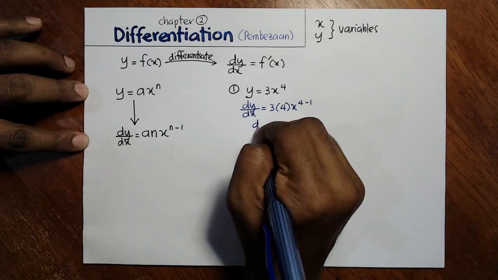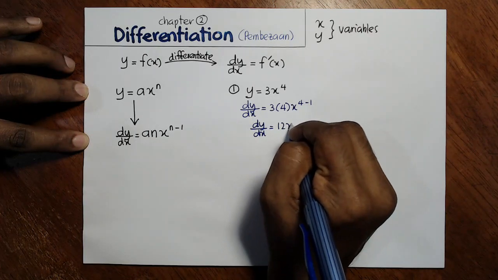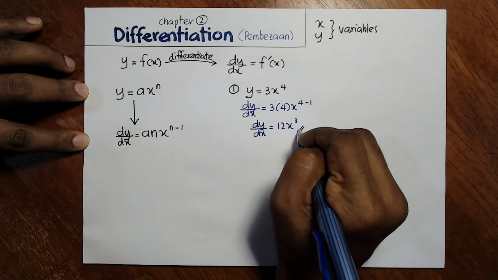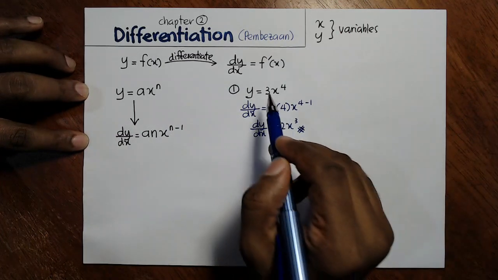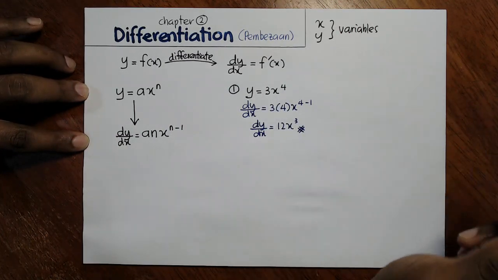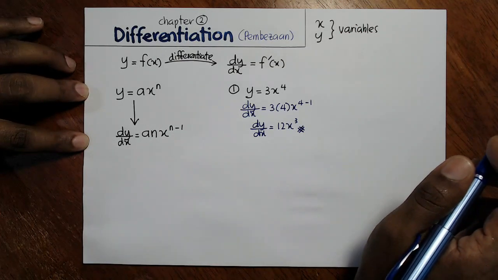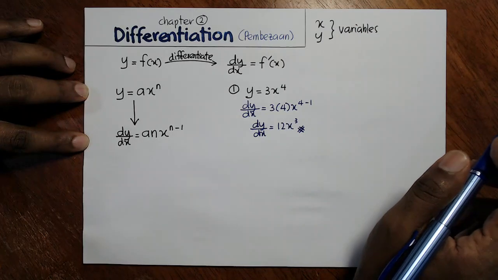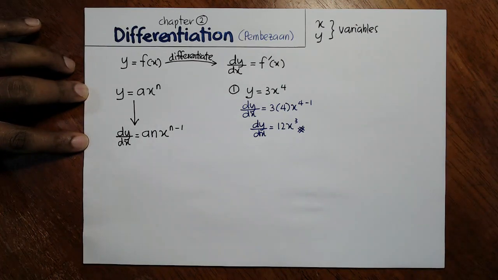So what you get is dy dx equals 12x to the power of 3. That's all. It may seem weird why 3x to the power of 4 is becoming 12x to the power of 3, but once we look at the application, you will probably understand. For now, we just look at how to do differentiation.